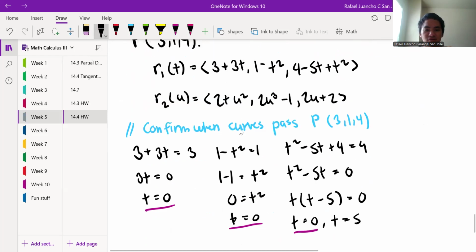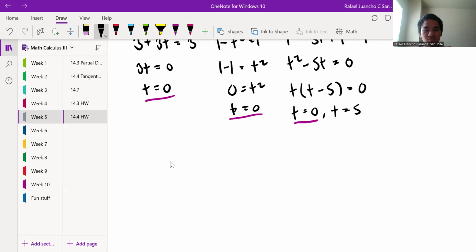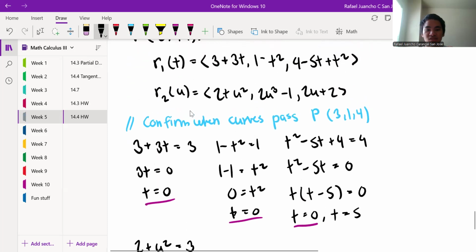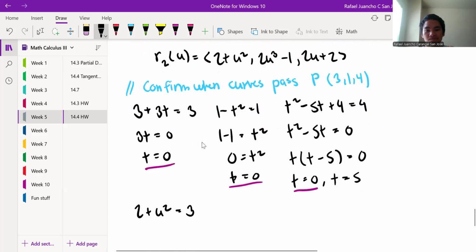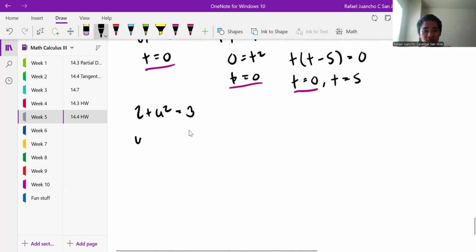Now let's look at the other one. 2 plus u squared is 3. Here I'm just checking at which parameter this curve passes that point. So u squared is 1, and u is either plus or minus 1.